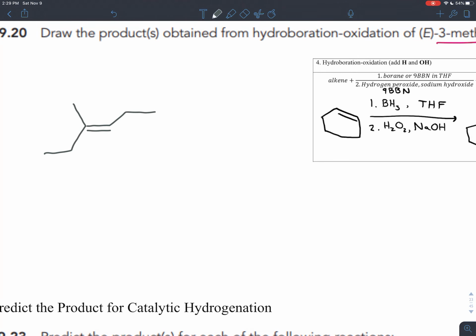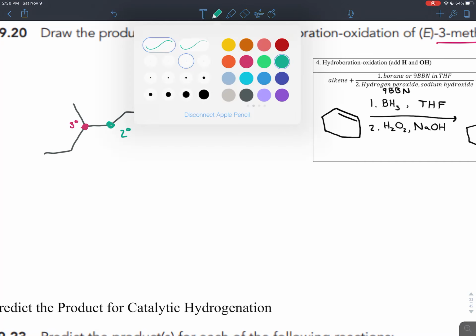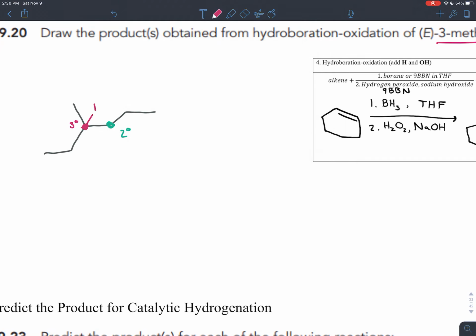Now if you do hydroboration oxidation to this, you're going to get rid of that pi bond, and you want to think about where the hydrogen will add. It will add to the more substituted carbon. The one on the left is tertiary, the one on the right is secondary. So the hydrogen will add to the more substituted carbon. The OH will add to the less substituted carbon. Finally, we do have chiral centers here, so we just want to draw both enantiomers.